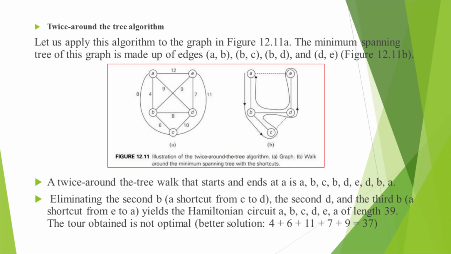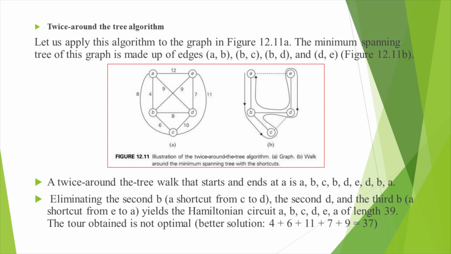The next one, we should start with an arbitrary vertex, walk around the minimum spanning tree and record all the vertices that we pass. The third step, we should scan the vertex list obtained in step 2 and eliminate all the repeated occurrences of the same vertex except the starting one.